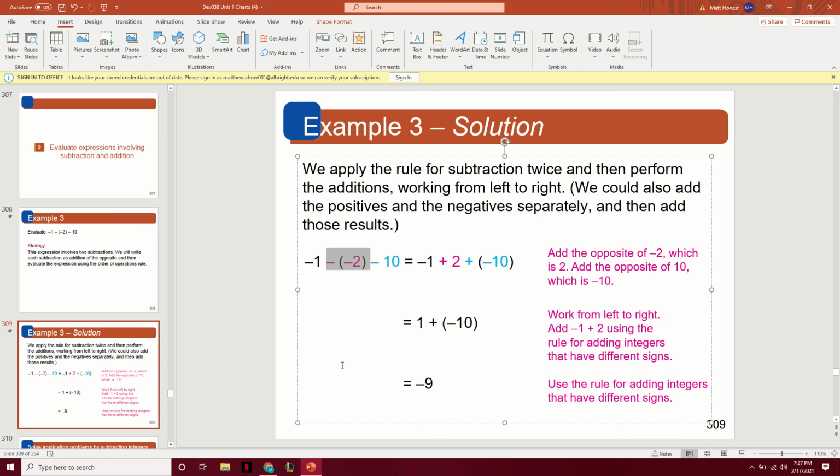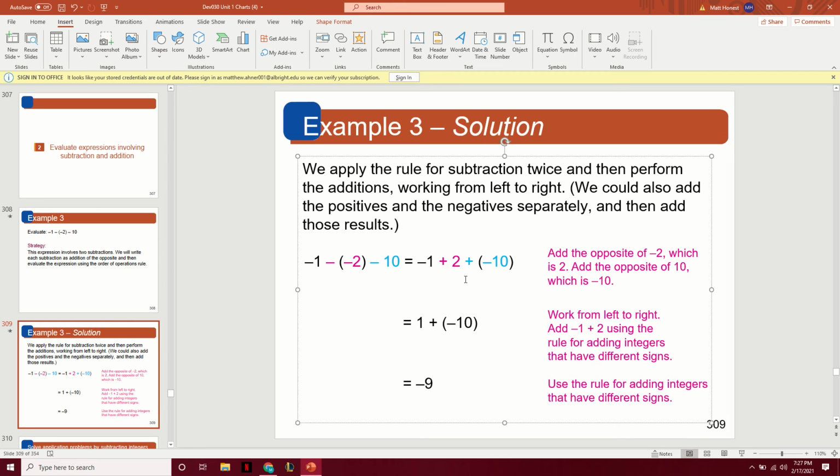Because I'm doing minus negative 2, I'm going to rewrite that as plus 2. If you were a big fan of English class, this is like a double negative, meaning a positive. Then over here, instead of doing minus 10, I'm going to change that to plus negative 10.